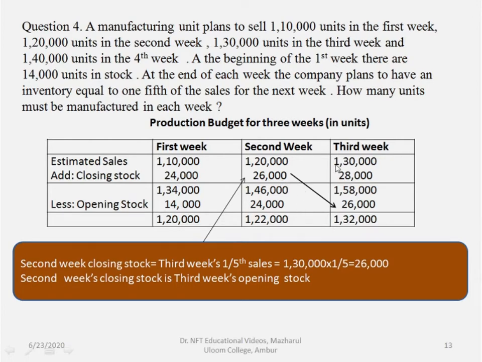Third week sales is 1,30,000. 1,30,000 into 1/5 is 26,000. 26,000 is recorded here in the closing stock. Closing stock of the second week will be the opening stock for the third week, which is recorded here.